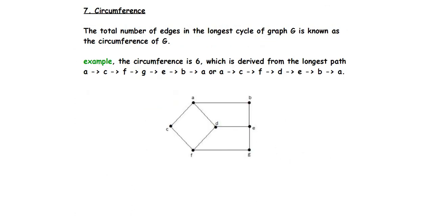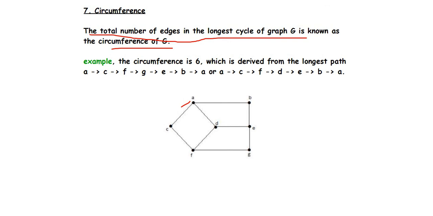The simple properties and notations. Next comes the circumference. Circumference is the total number of edges in the longest cycle of a graph, denoted by circumference of g. For example, the circumference is 6 when derived from the longest path.